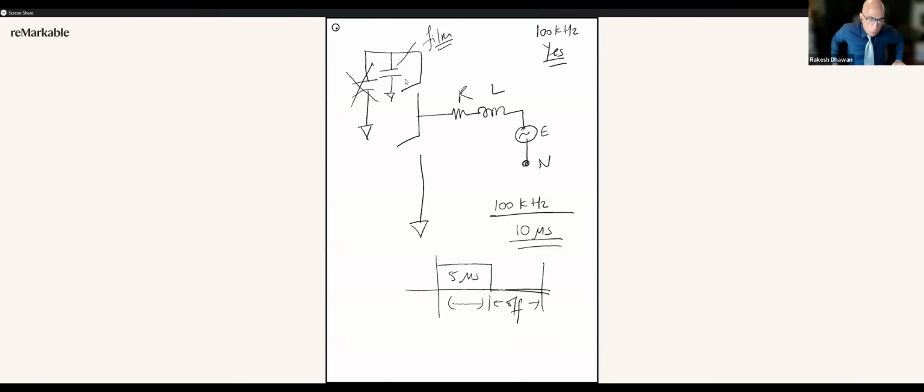Okay. So also, let's say I have a 0.1 millihenry inductance and a resistance of, let's say, 2 milliohms here. Will I have an issue with the 100 kilohertz drive with 2 milliohms and 0.1 millihenry? You have to work out the impedance of the 0.1 millihenry and the 2 milliohm.